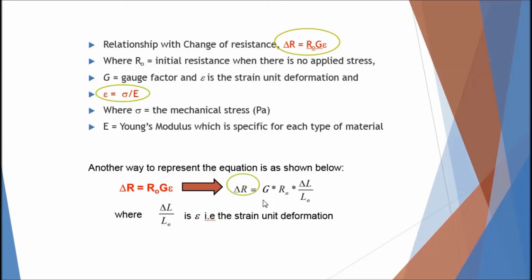Another way is this equation, where your strain deformation can also be calculated using delta L over L0, which is the length of your strain gauge. Just take note of these three formulas, because sometimes I can give you this kind of information for the strain gauge instead of the circuit.